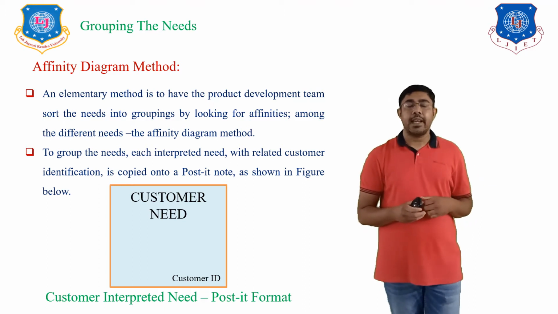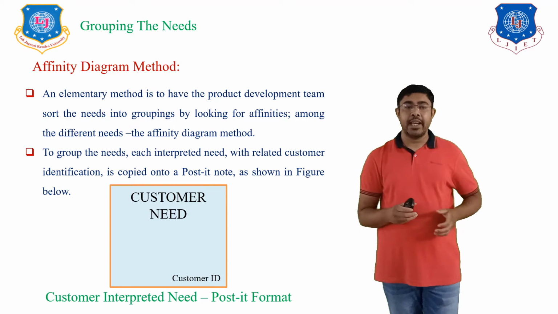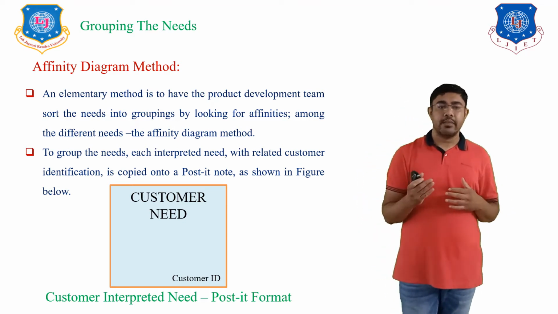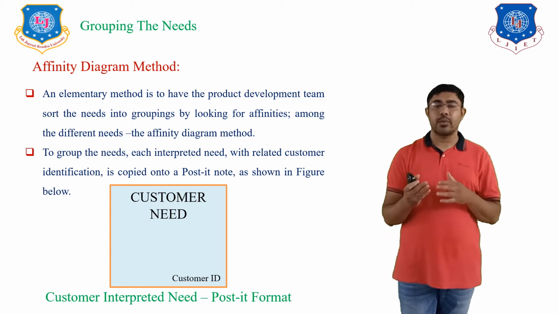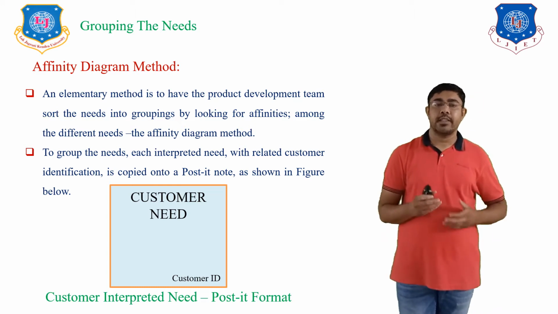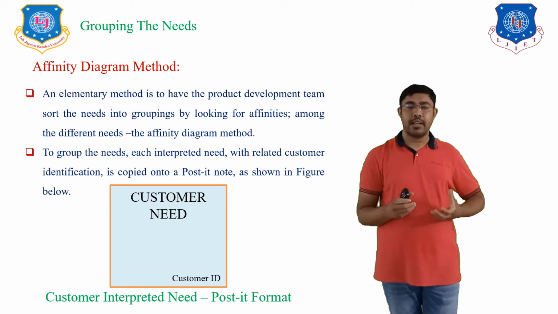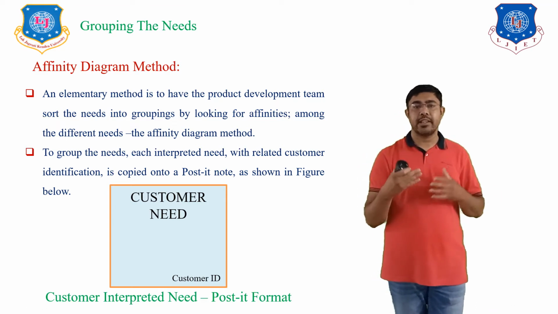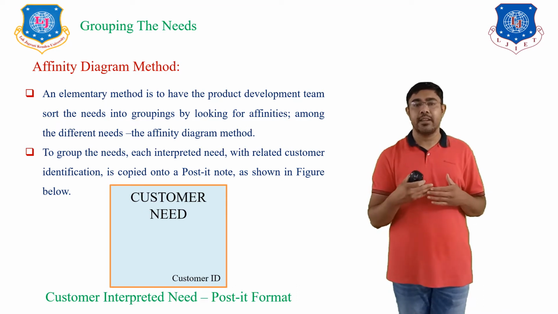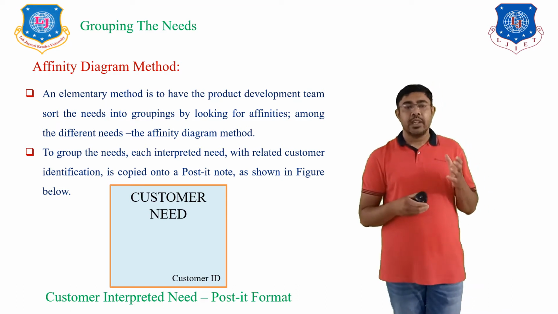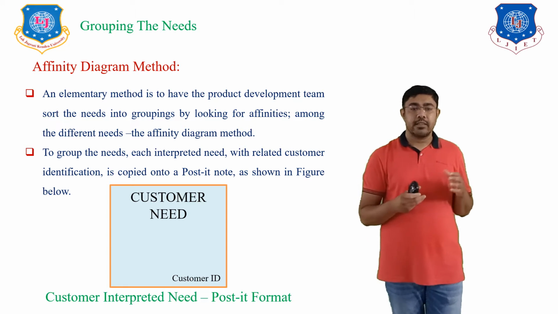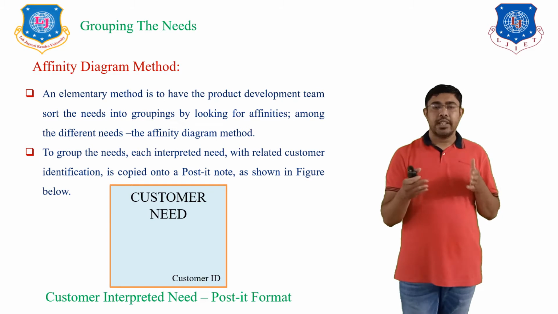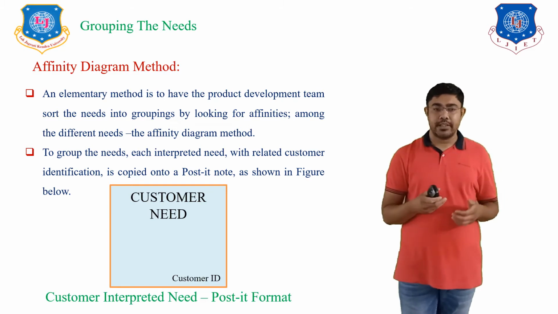In the affinity diagram method, an elementary method is to have the product development team sort the needs into groupings by looking for affinities. Affinities means the sorting is done by nearly similar interpreted needs.